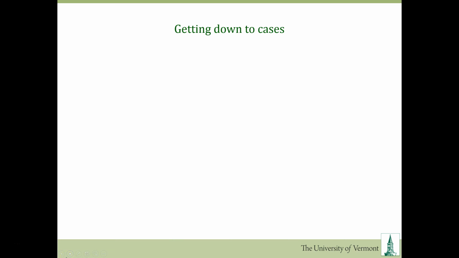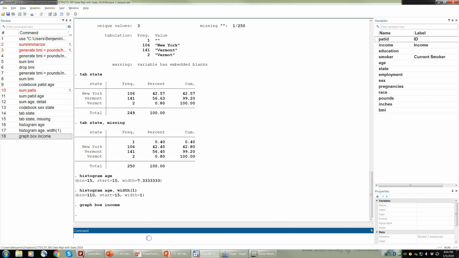Well, let's get down to specific cases and look at individual records. One way to do that is with the list command. Lists all the variables for all the records, and that could be a lot of output.